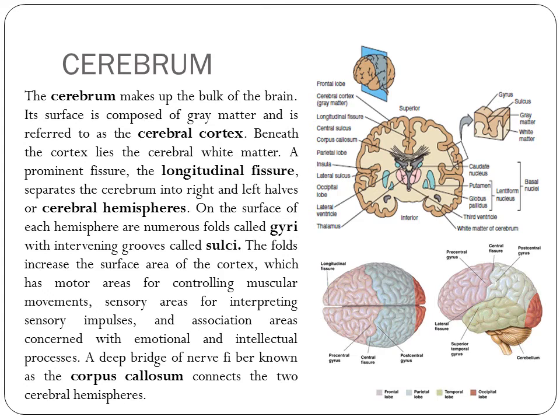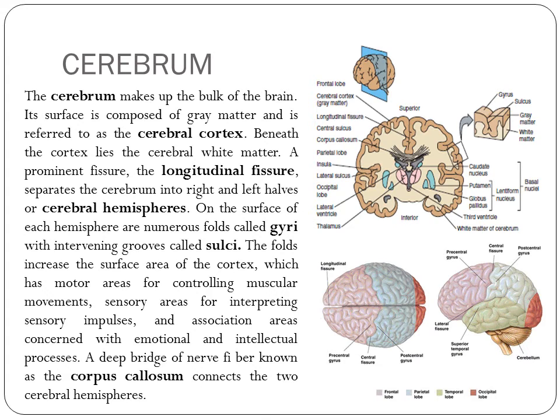The cerebrum makes up the bulk of the brain. Its surface is composed of gray matter and is referred to as the cerebral cortex. Beneath the cortex lies the cerebral white matter. A prominent fissure, the longitudinal fissure, separates the cerebrum into right and left halves or cerebral hemispheres. On the surface of each hemisphere are numerous folds called gyri with intervening grooves called sulci.